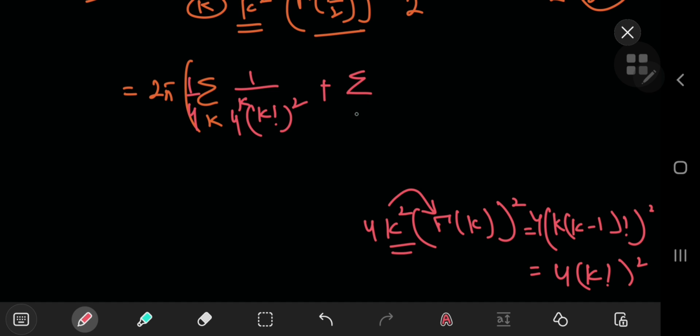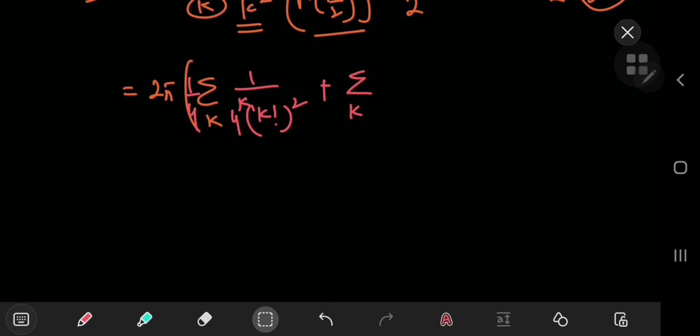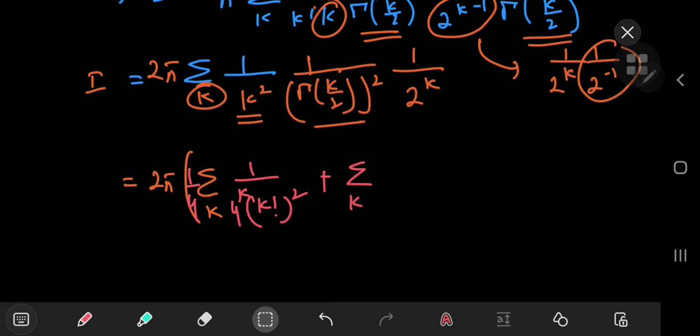So if we're summing over k, and if you want k to be an odd number, and first I want to give myself some writing space. So if you want k to be an odd number, replace all the k's by 2k plus 1.